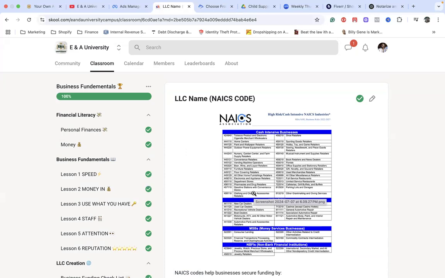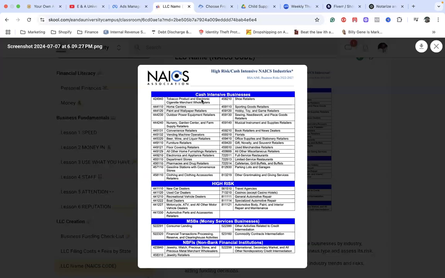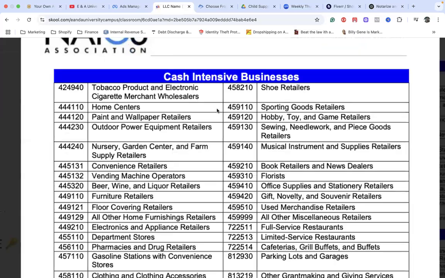Now, these NAICS codes tend to be considered either one of two things, high risk or low risk. Yep, I saw that too. Yep, absolutely.